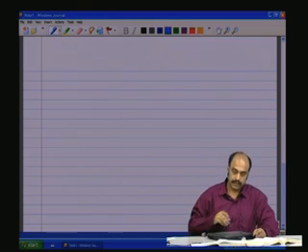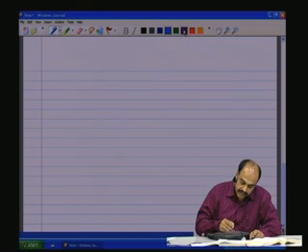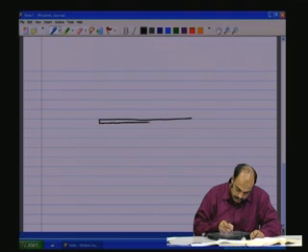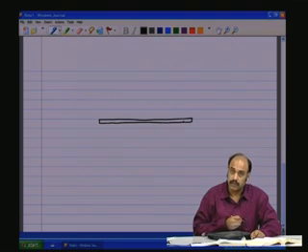So if you look at the entire synchronous machine, it has a shaft. So let us show the rotor shaft like that. So this is the rotor shaft.